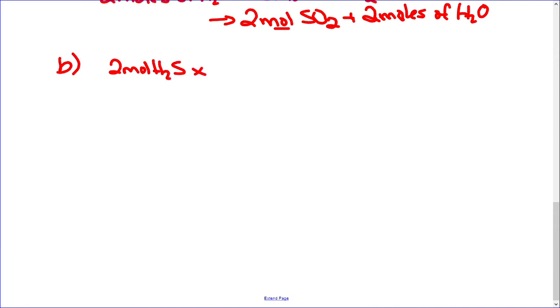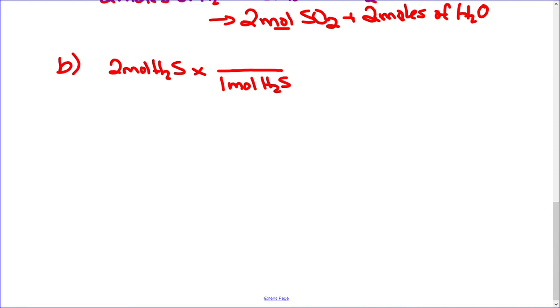Now here's where we have to remember a little bit of stuff about moles from this previous unit that we did. So if I have moles on the top and I want to convert it to grams, then I need moles on the bottom to cancel it out. Okay, after that, I'm just multiplying them through, and the molar mass is saying that in 1 mole of H2S, I have whatever the molar mass is from the periodic table.